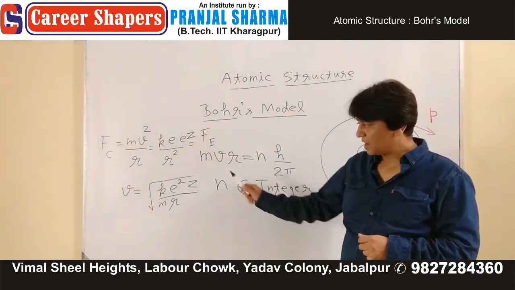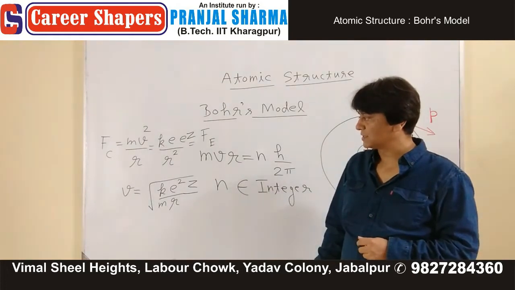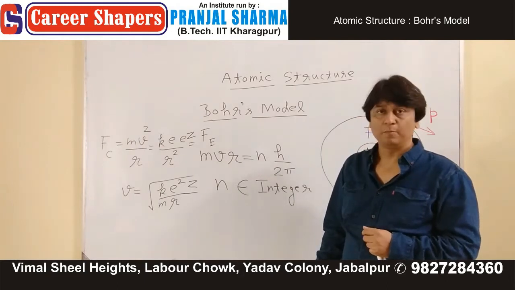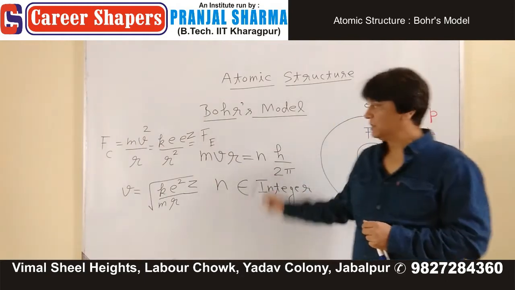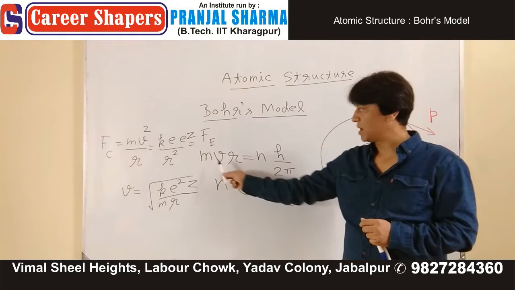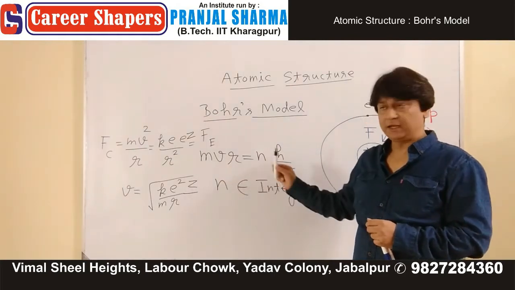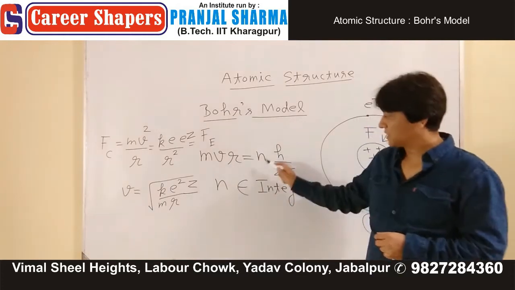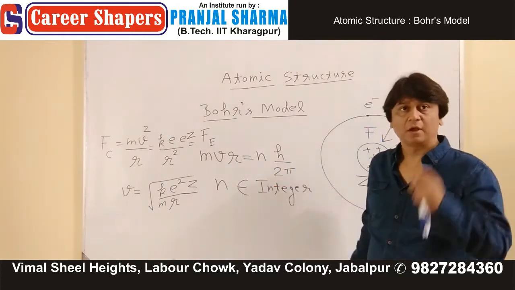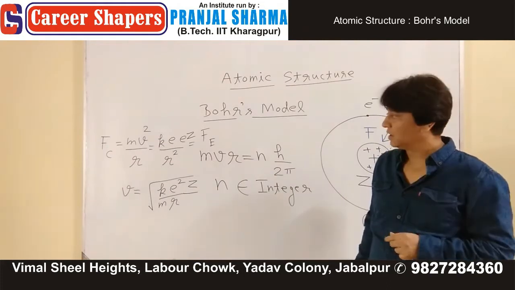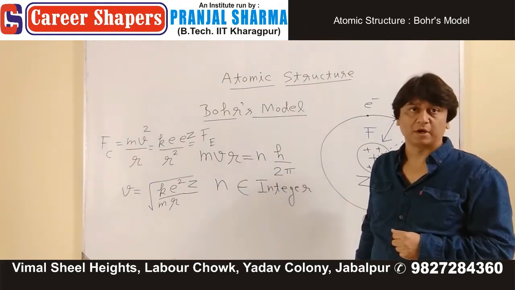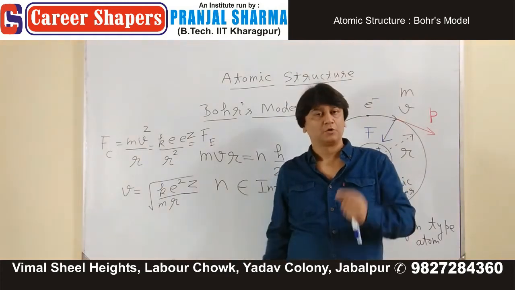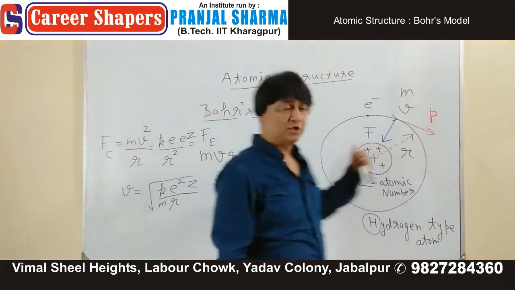Now, if this is v, which is root of Ke square Z upon mr, we can do so many other things also, because we have the second hypothesis which says that angular momentum is an integer multiple of h upon 2 pi, where this n belongs to integer and also it represents the indexing of the orbit, which we are interested in in this article. I told you that this electron is moving in the nth orbit now.